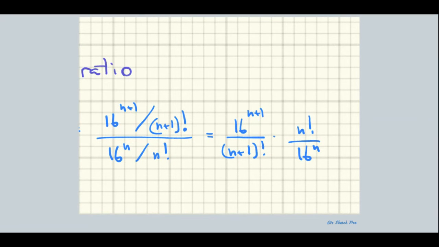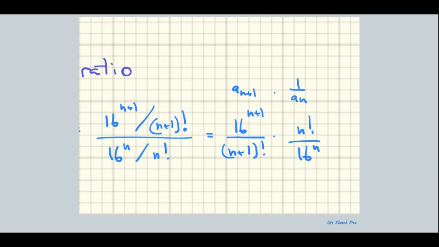You're going to see this happening all the time, and you need to be able to make this manipulation quickly and in your head. What you're going to have is the n plus 1th term, and this is the reciprocal of the nth term. The reciprocal of the nth term just means flip tops and bottoms.